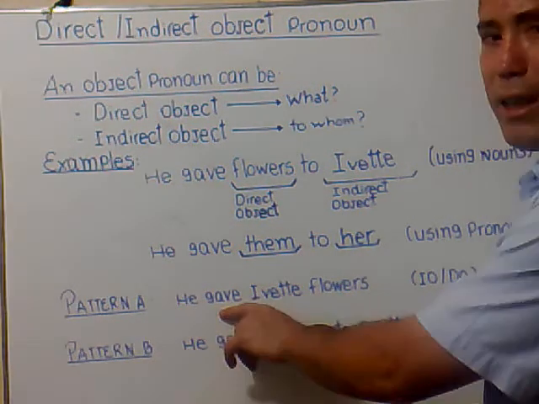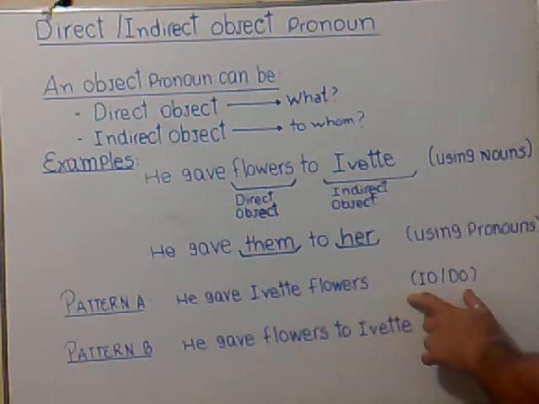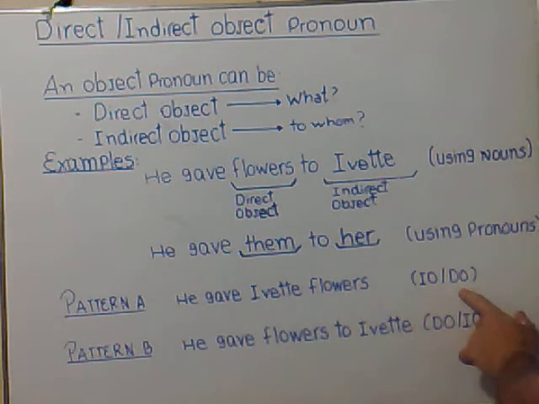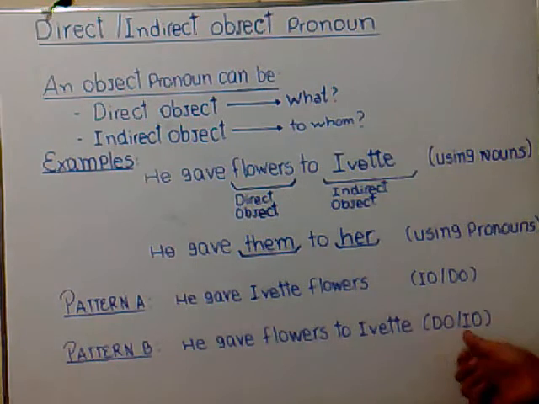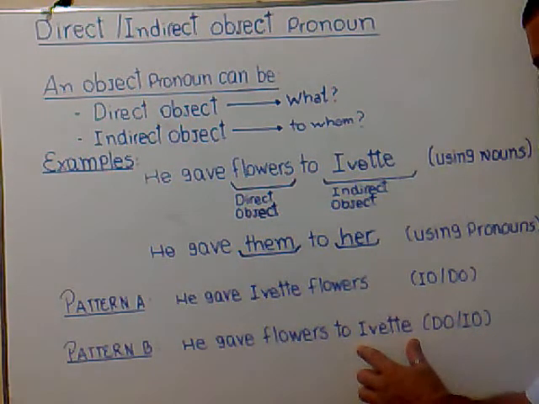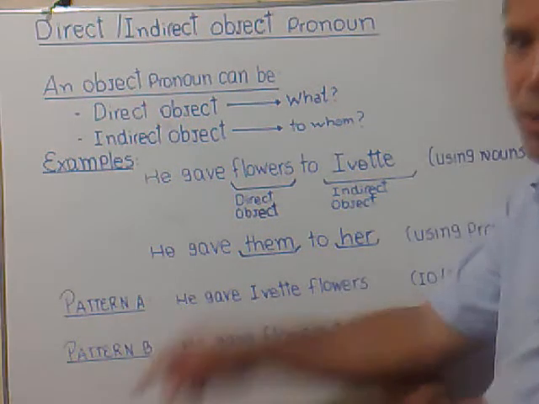When I use the verb give, I have to follow this pattern: indirect, direct. If the indirect object comes last, Yvette, we have to follow pattern B.